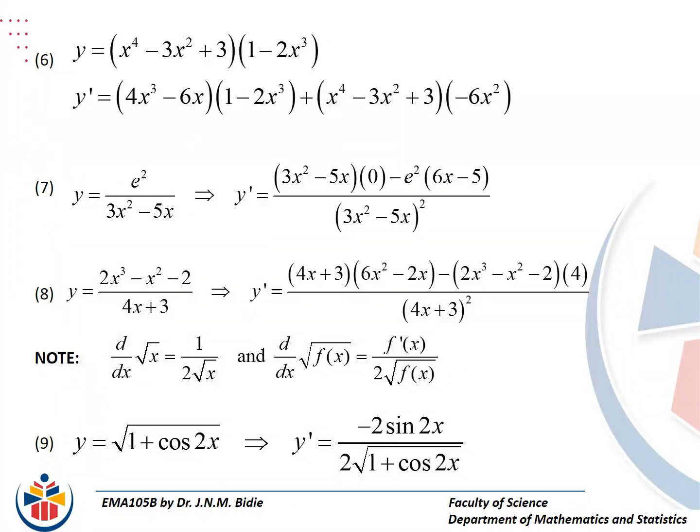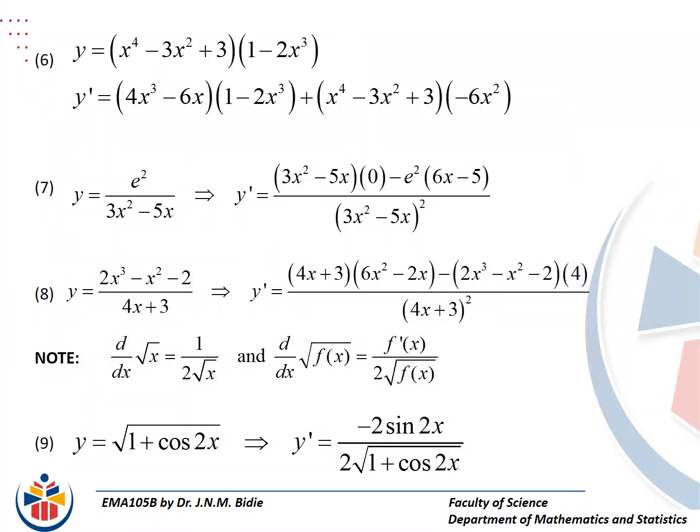Once more, I'm bringing in now the derivative of the square root sign. The derivative of the square root of x is 1 over 2 square root of x. I believe that we had done this using the definition, and our answer was 1 over 2 square root of x.